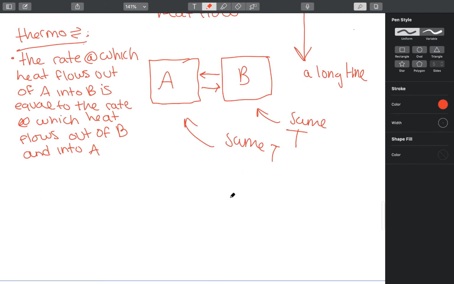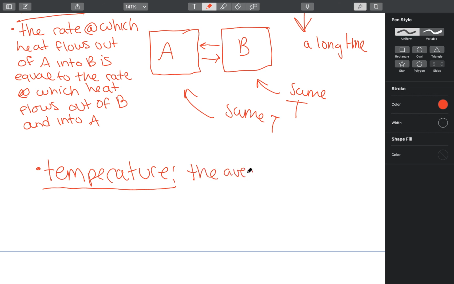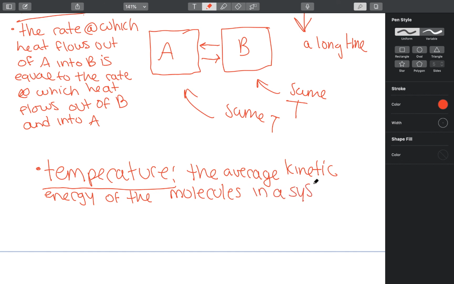So quickly, let's define temperature. Temperature is defined as the average kinetic energy of the molecules in a system.